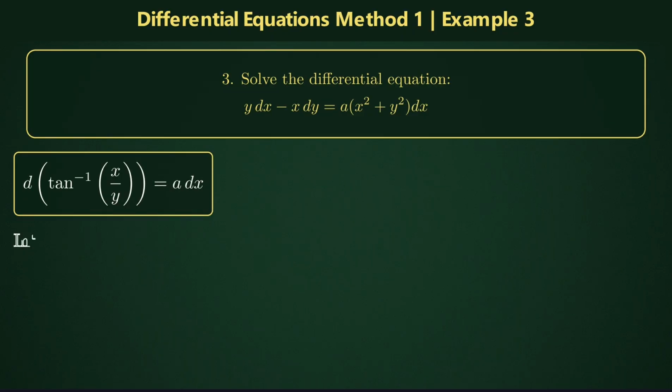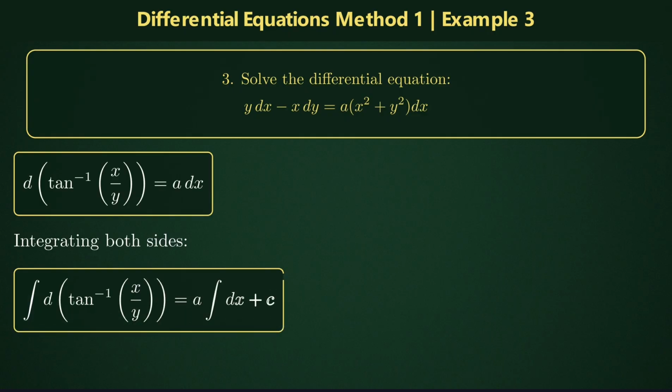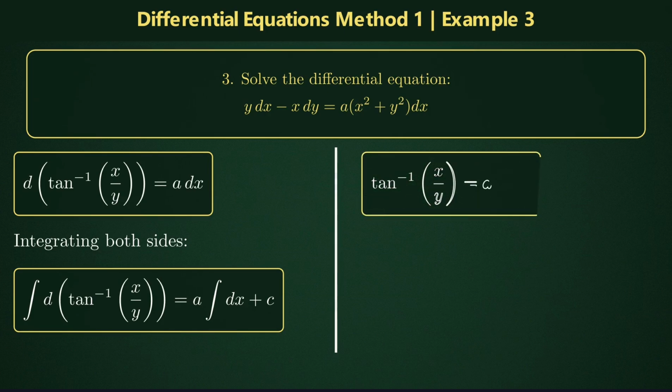Next, we integrate both sides of the equation. Integrating both sides yields the integral of the differential of inverse tangent of x over y equals a times the integral of dx, plus c. This gives our final general solution: inverse tangent of x over y equals ax plus c.